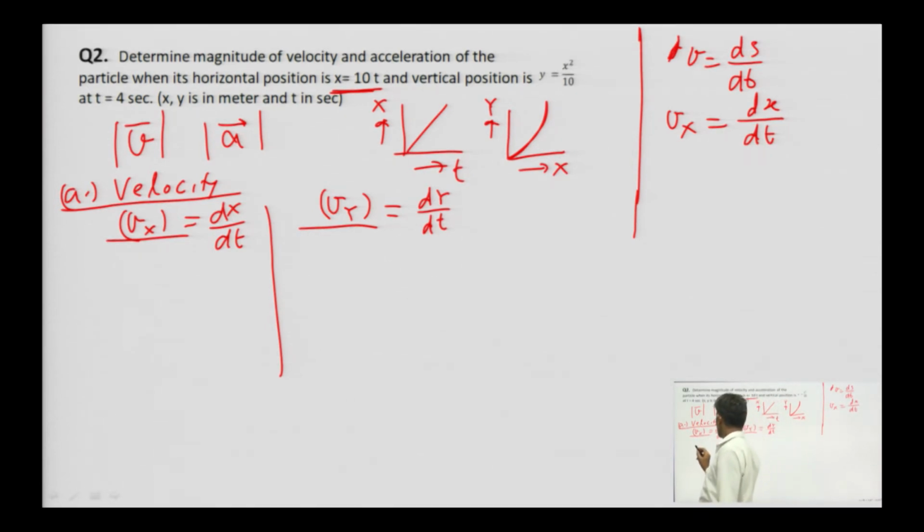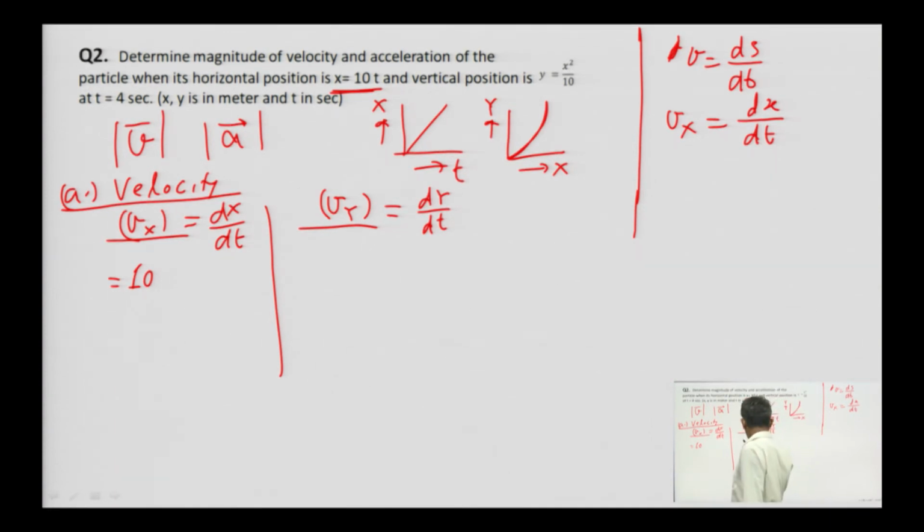So, vx will be, x is 10t, so it is 10, right, the x component of velocity.